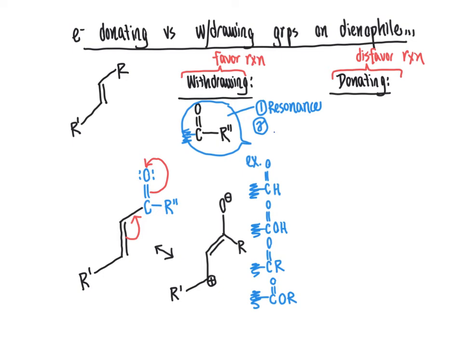And secondly, via induction, because the electronegative oxygen atom is pulling electron density toward itself by that long-range bond polarization. So that's one example of an electron withdrawing group, and we can highlight why it's electron withdrawing by using that argument of resonance. Similarly, we can also look at the electron withdrawing capabilities of some other common groups that we may see linked to our alkene of the dienophile.